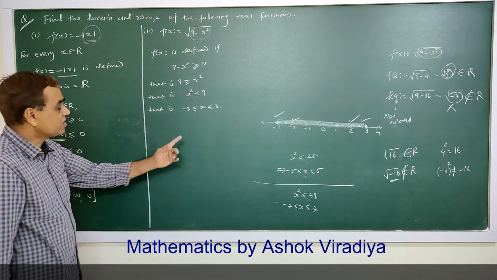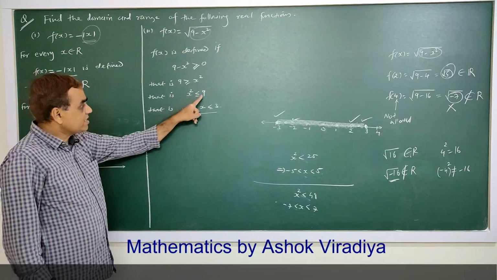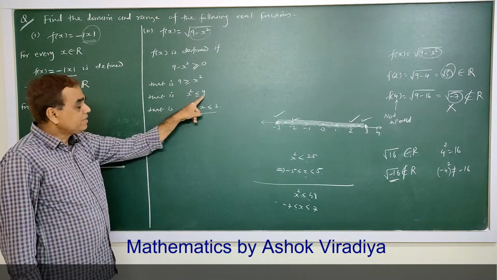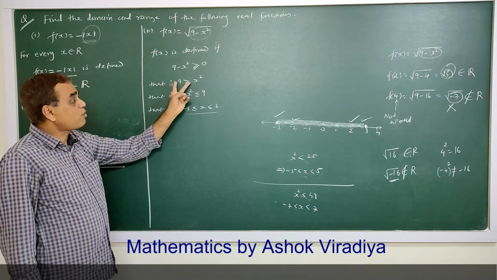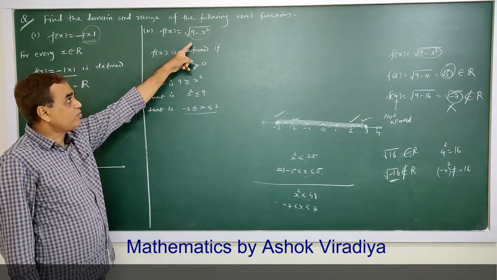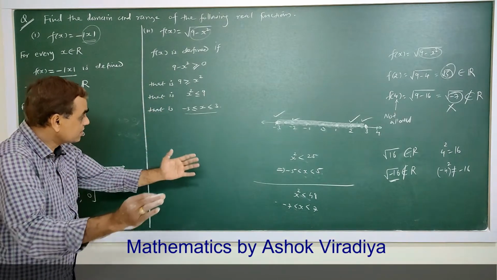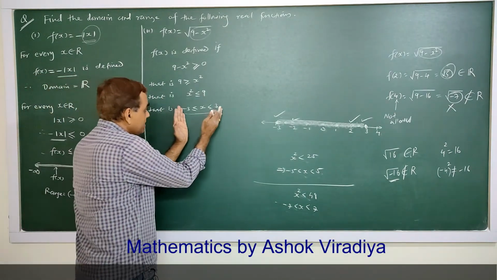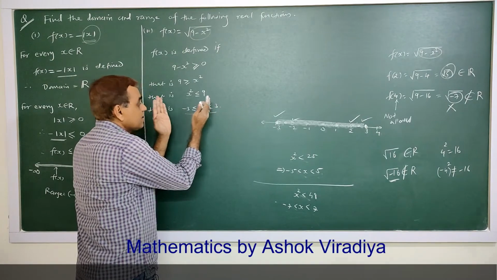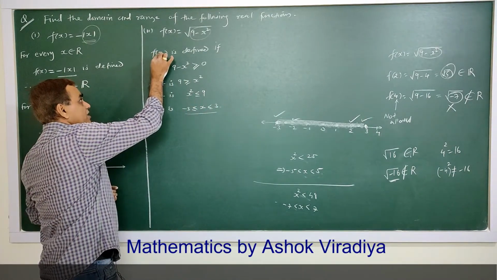So in this question, these are the numbers whose square is less than or equal to 9, means 9 is greater than or equal to x square. So this difference will be non-negative, so its square root is defined. So only numbers from this interval are allowed to be put in this machine.